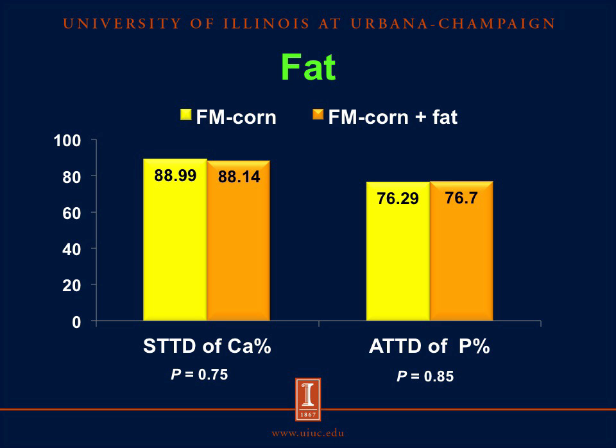Here we observe no difference in the standardized total tract digestibility of calcium and the apparent total tract digestibility of phosphorus between the fish meal corn diet and the fish meal corn with fat diet. Therefore, fat did not have any effect on the STTD of calcium and the ATTD of phosphorus.